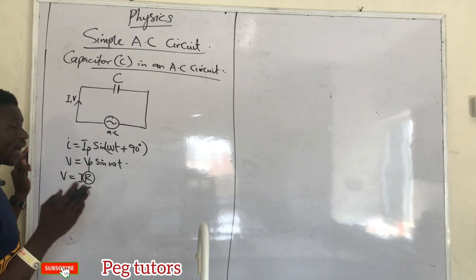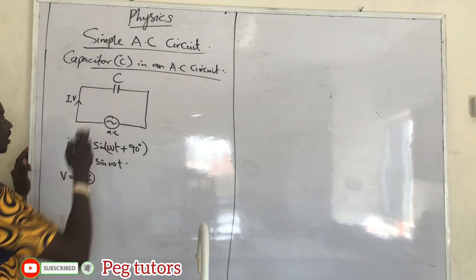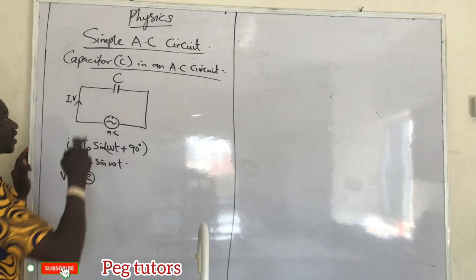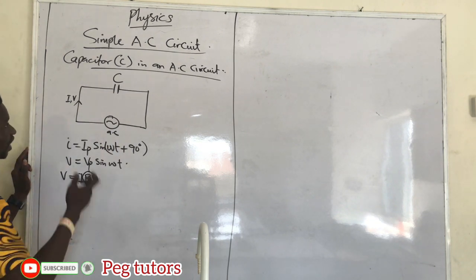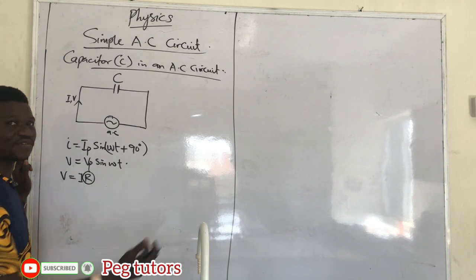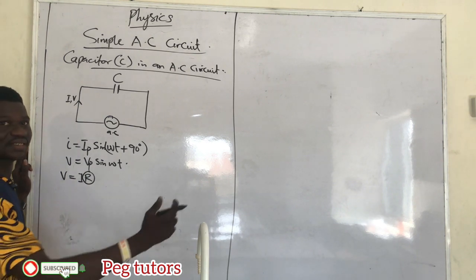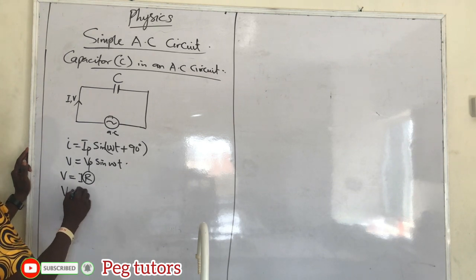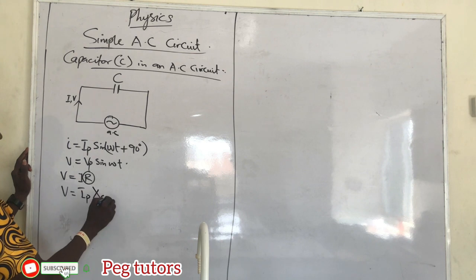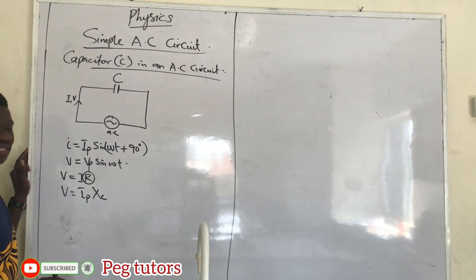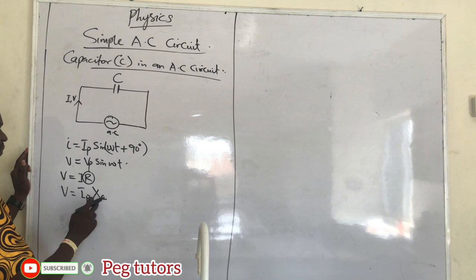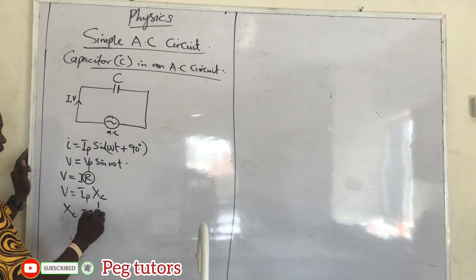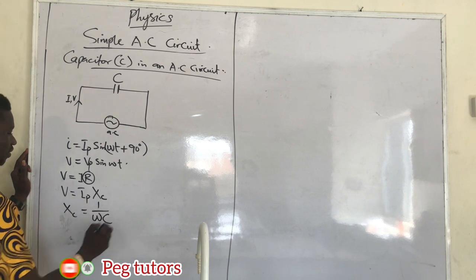I mentioned in the last video that the resistance the capacitor offers to the AC circuit is the capacitive reactance, which is XC. So our V now becomes Ip times XC, where XC is the capacitive reactance, and it can be calculated as XC equals 1 over omega C.